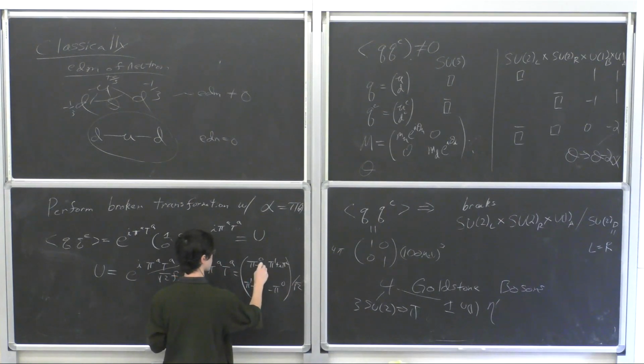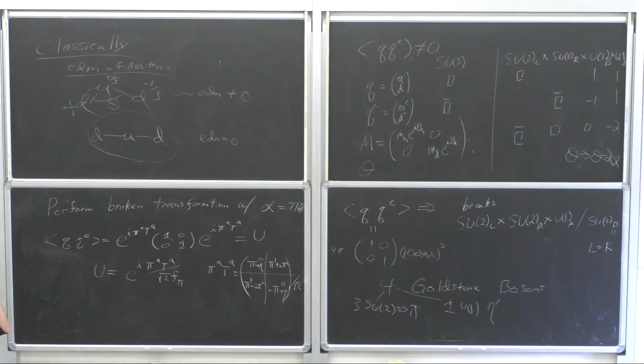And then plus eta prime, plus eta prime. I might have gotten sigma y wrong, so there might be a minus sign here, but it's the Pauli spin matrices plus the diagonal. Great. So we have how to talk about our pions.